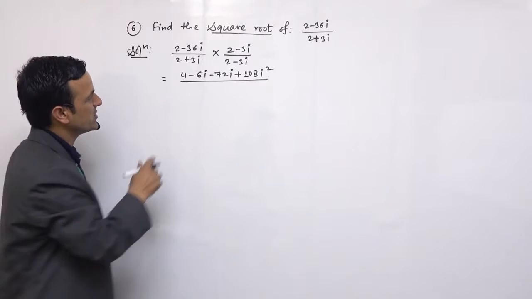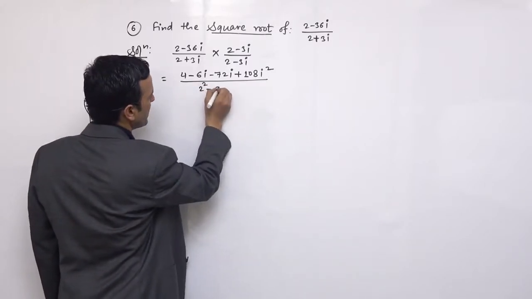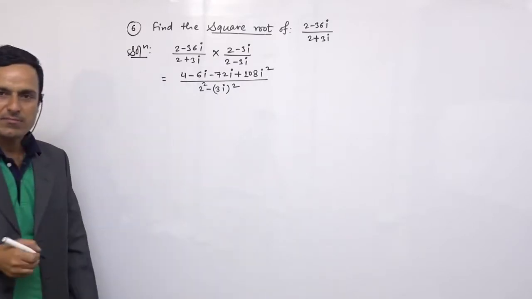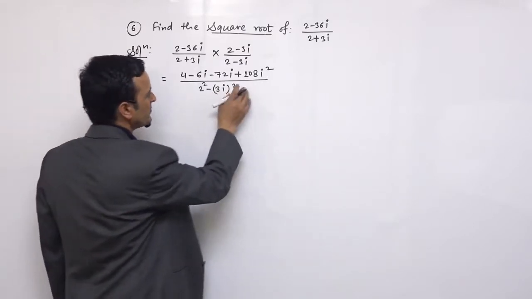If we multiply then it will be 2 square minus 3i power 2, a square minus b square.